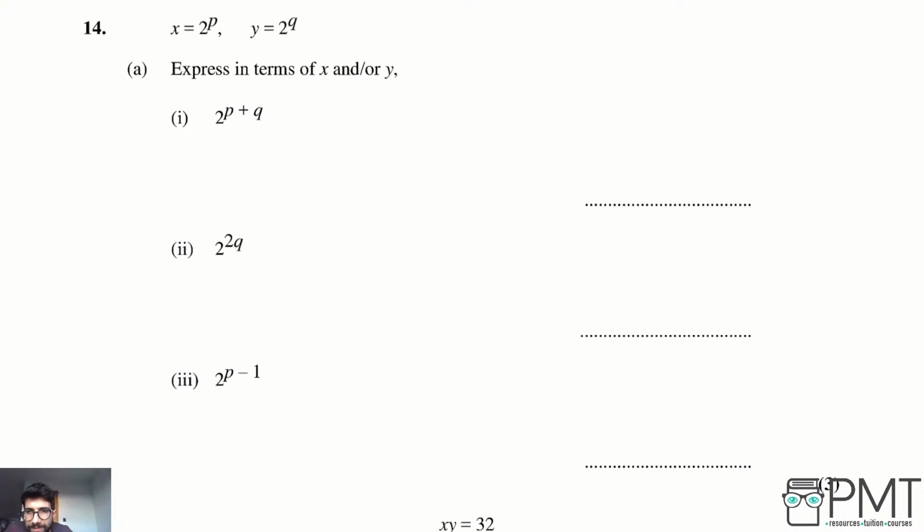Okay, let's answer this one. Let's see what you had. There is x plus square root of y. Let's see if we agree with you. So we have got 2 to the p plus q, and I mean, this should be clear, but let's put brackets there. This is going backwards. If you think about the rule 2 to the p times 2 to the q, and then we said that if the bases are the same, you add the powers. It's going backwards. So once you have it that way, you can see that this is x times y.